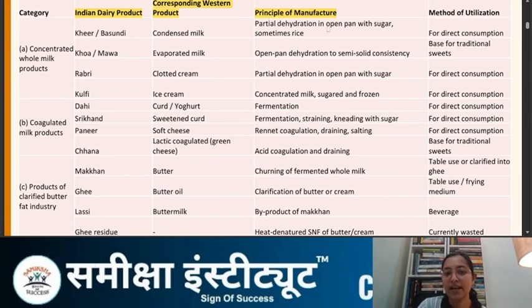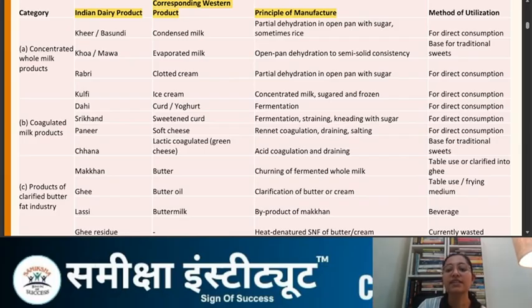By partial dehydration in an open pan with sugar, sometimes rice. So it is not completely dehydrated. Had it been completely dehydrated, the remaining product would have less than 10% moisture. However, that is not the case in kheer. We do not evaporate it wholly.